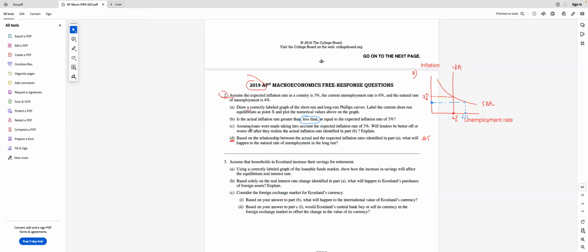So question C: assume loans were made taking into account the expected inflation of 3%. Will lenders be better off or worse off after realizing the actual inflation rate identified in part B? Lenders. The keyword is lenders, not borrowers.